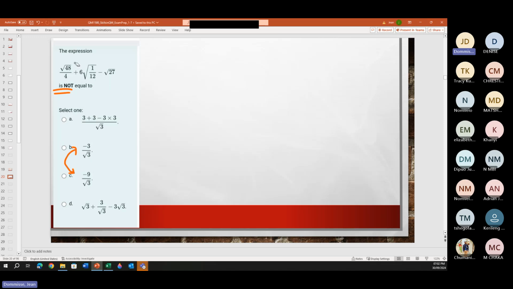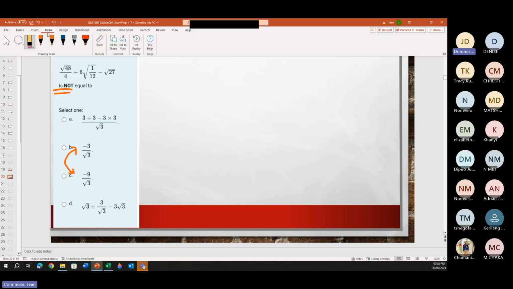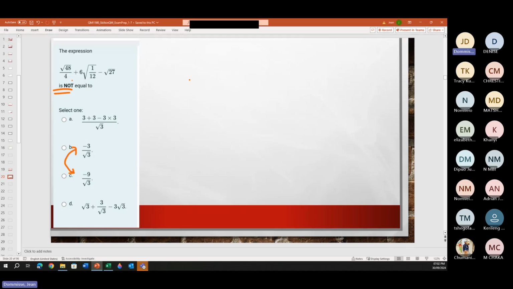Okay, so let's start and look at this and break it up and simplify. So when I look at 48 over 4, we're first going to simplify that.